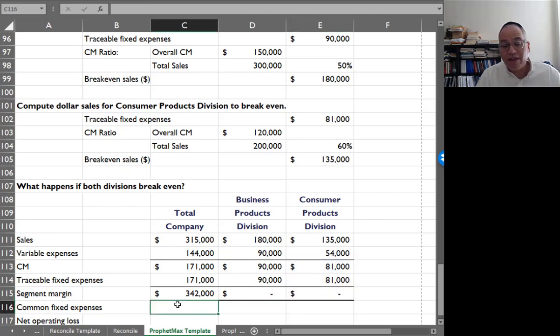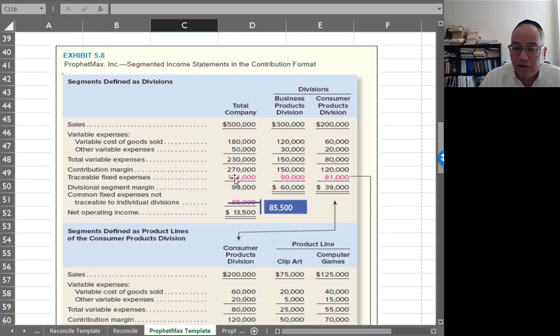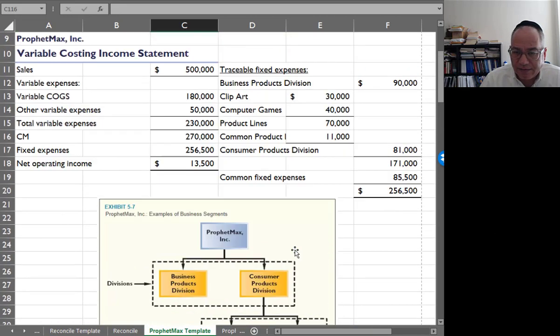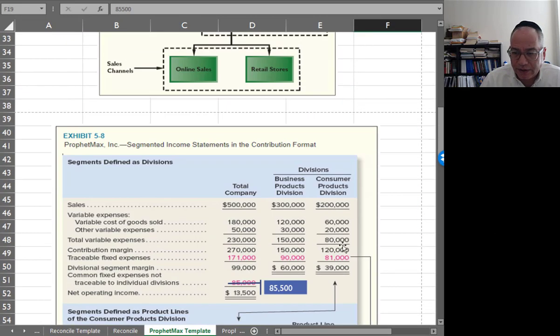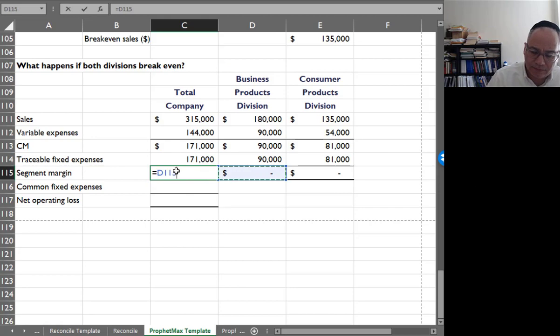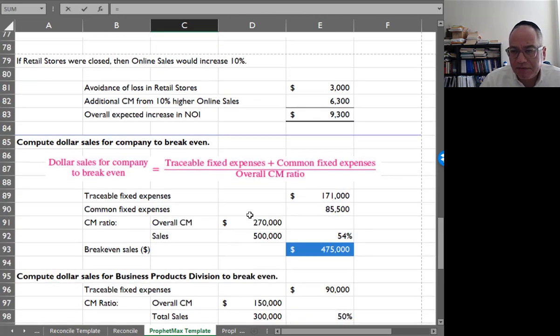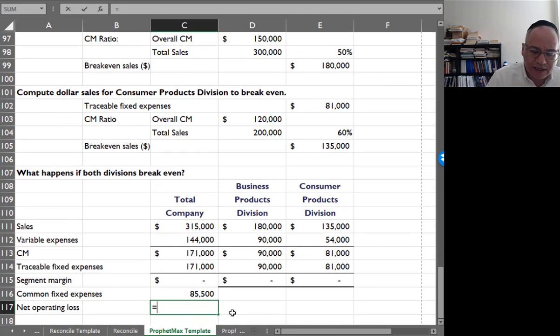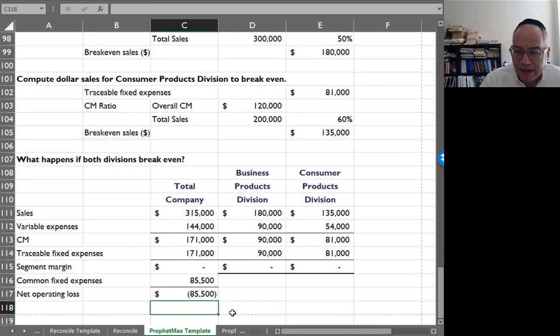There's just one thing, and that's the common fixed expenses way up top. If you remember, we had common fixed expenses of 85,500, shown right here, and I still have that to cover. My common fixed expenses of 85,500 would still need to be covered, and therefore I would lose 85,500.